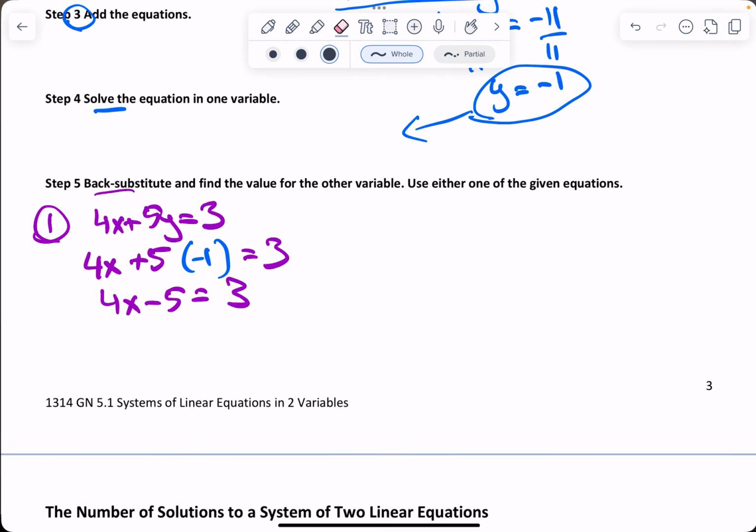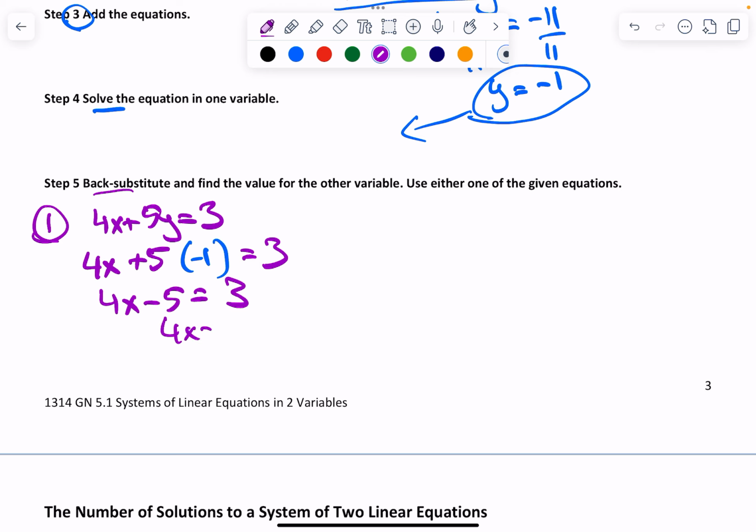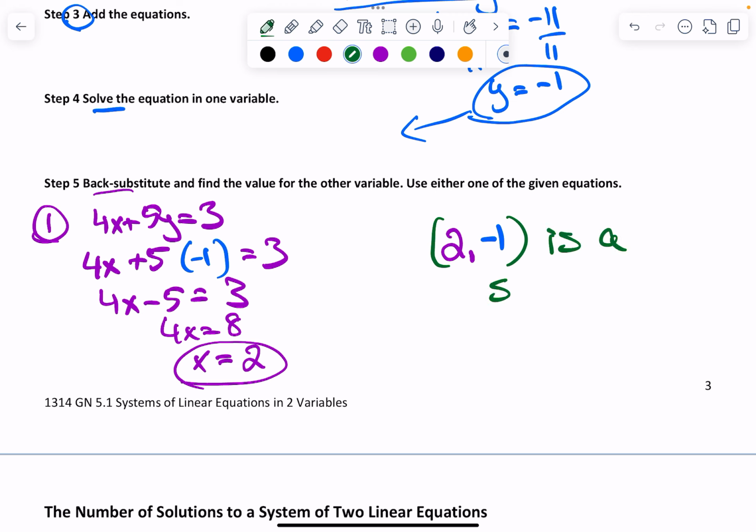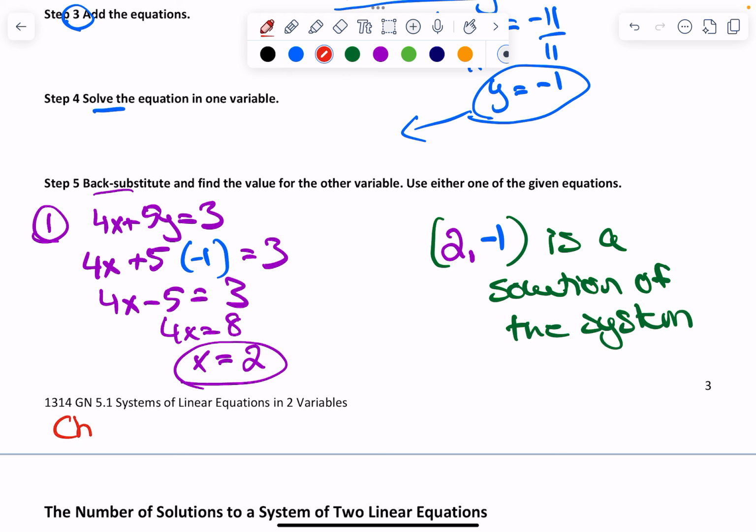So we're adding 5. We get 4x equals 8. Divide by 4 on both sides. We get x equals 2. So we have 2, negative 1, and that is a solution of the system. Again, I skipped a step that you need to make sure that you do. It's to check that this is correct.